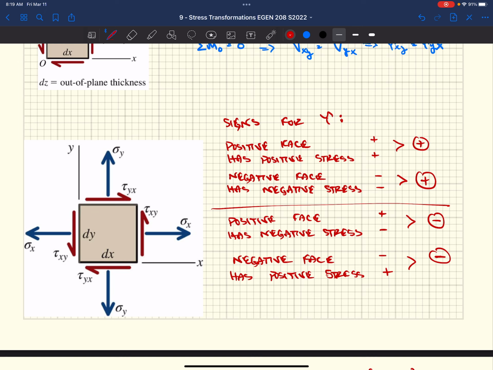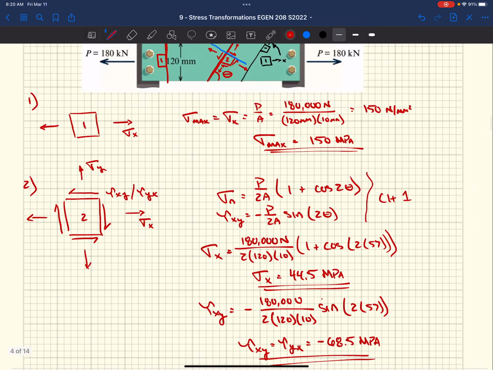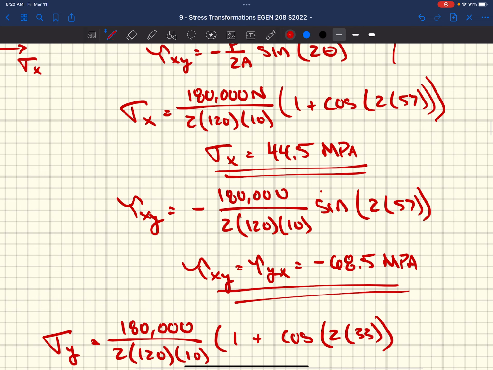So on this block, if our shear stress is positive, that means the shear stress is on the positive face and acting in the positive direction, or on the negative face and acting in the negative direction. And similarly on the top and bottom: positive face, positive direction. So we got a sign convention for this, which we followed in the example when we calculated the actual shear stress, being negative.